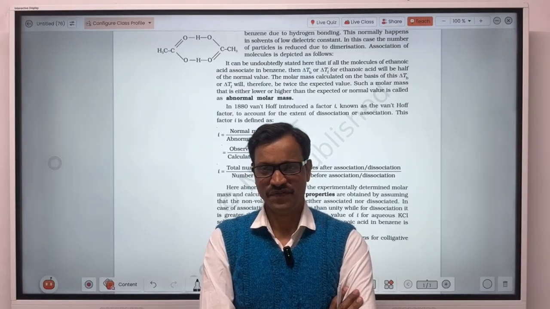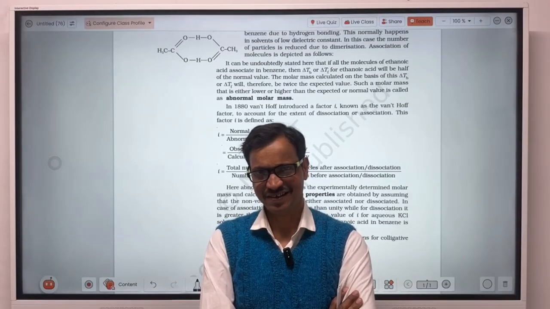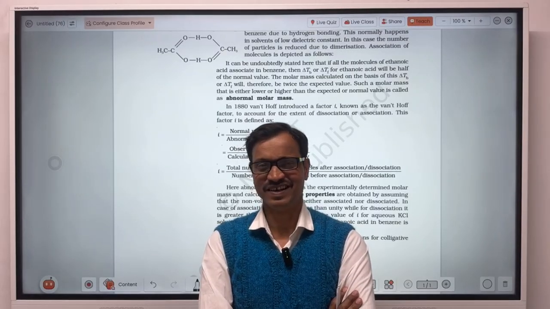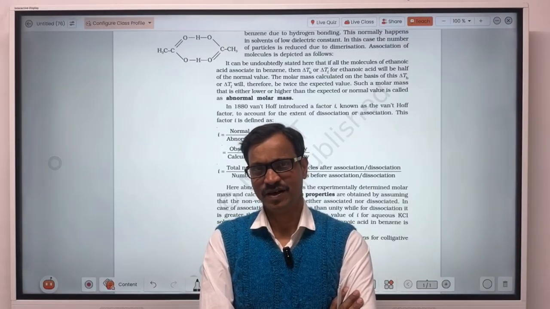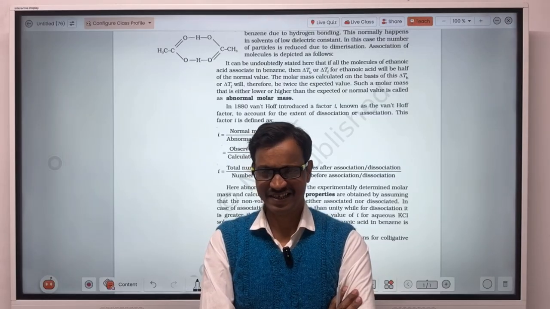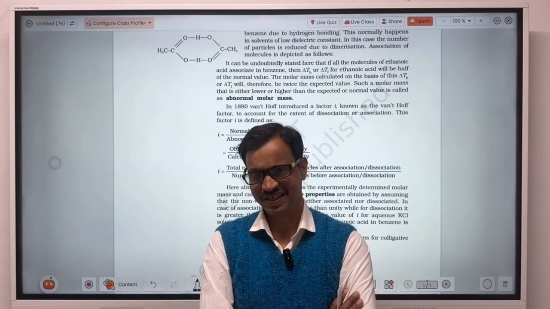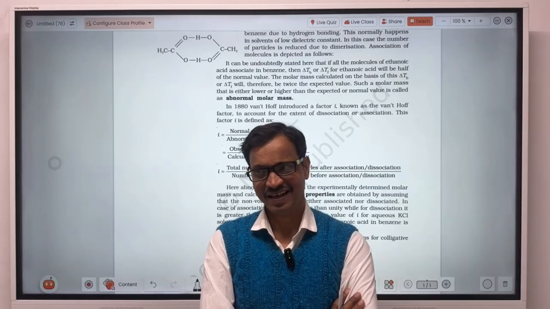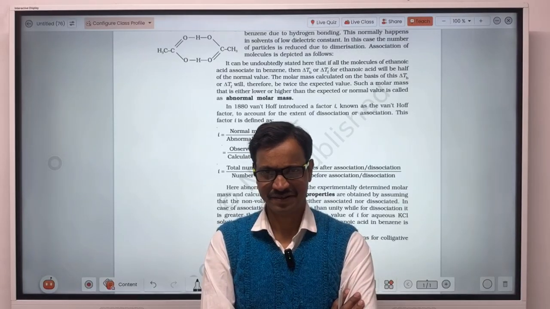The acid which gives H plus, the proton, is called a protic acid, like HCl. Here HCl gives H plus ion. HCl dissociates into H plus and Cl minus.